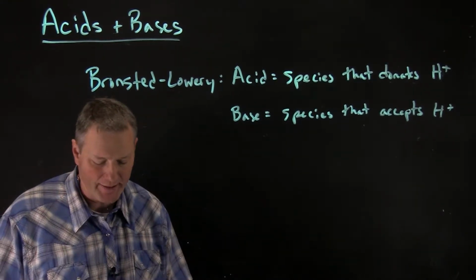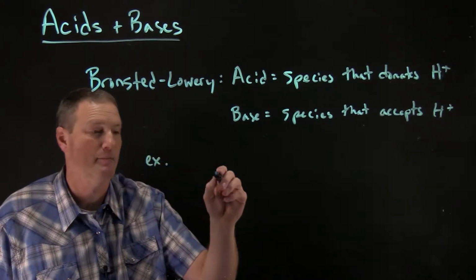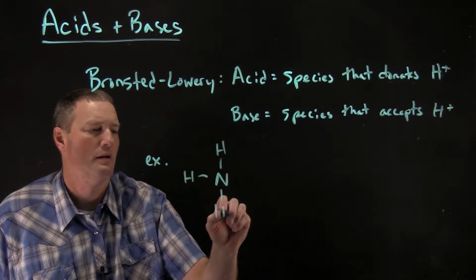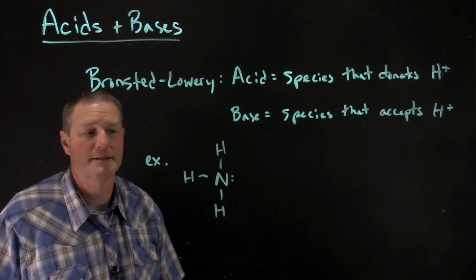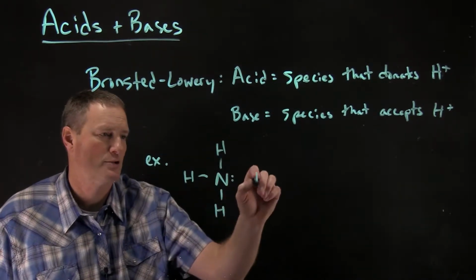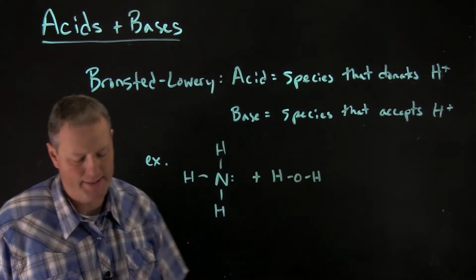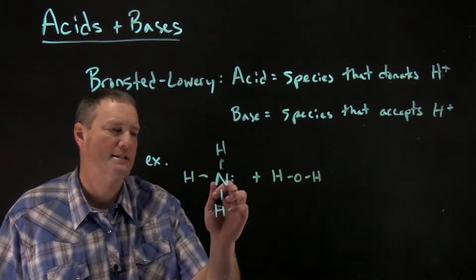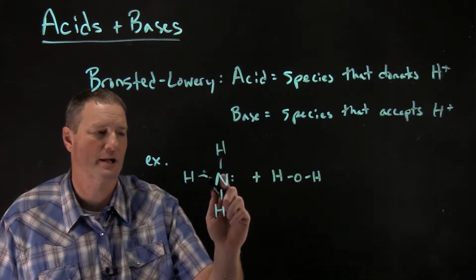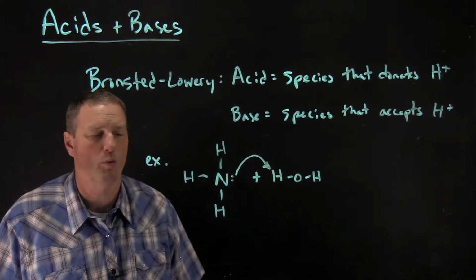So let's take a look at an example of this. Let's take a look at ammonia. Ammonia is going to have a lone pair of electrons on it and 3 hydrogens. If I put this into water, and I'll draw out water like this, what can happen is that the ammonia, with its lone pair of electrons, is going to come over and actually pull off a proton from water.